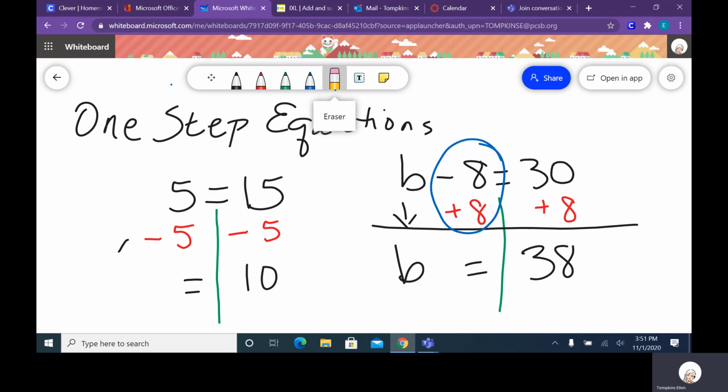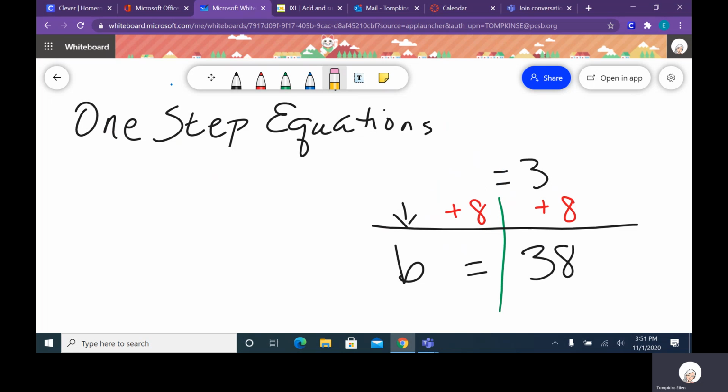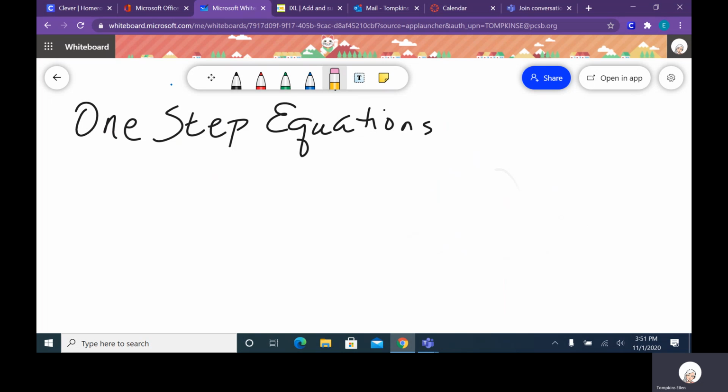Let's look at when we have multiplying and dividing ones, okay? So again, you're going to know these by mental math. 3x = 15. What this is asking you is what times 3 will be 15? Well, you already know that it's 5, but we're going to show it in our solving equations method.